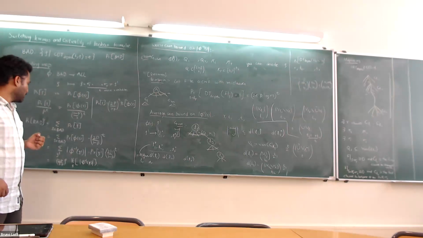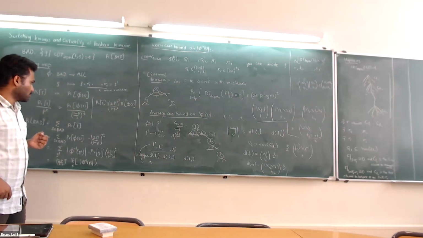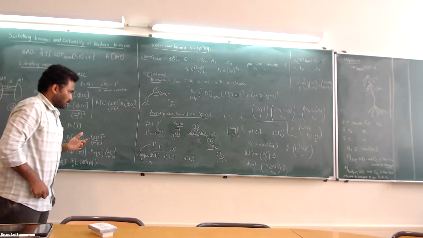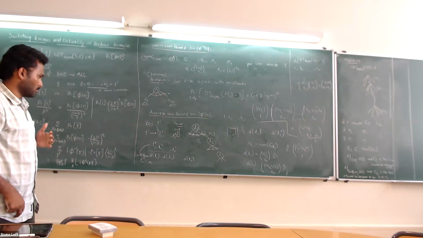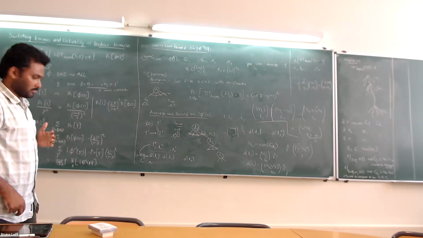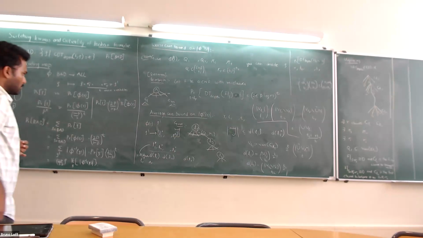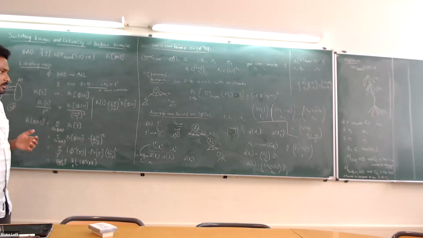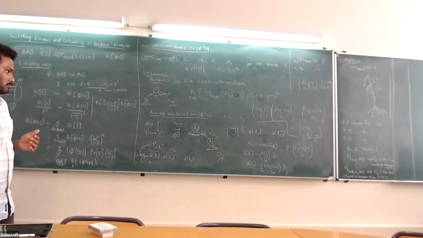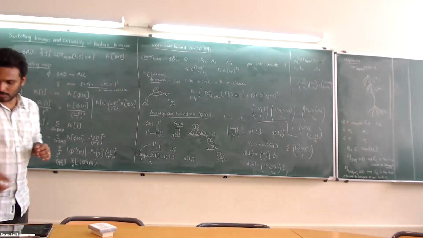So we want to show that on average, this is a small number, on average over the choice of rho prime.